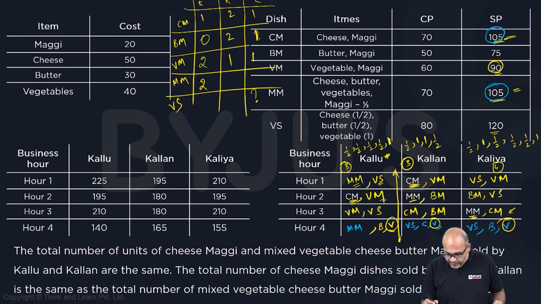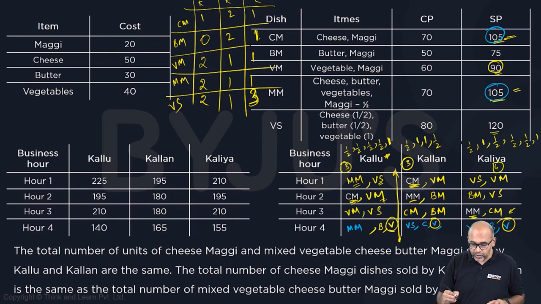MM was sold by the second person once only, and by the third person, once only. VS was sold by the first person 2 times. VS was sold by the second person once. And by the third person 1, 2, 3 times.